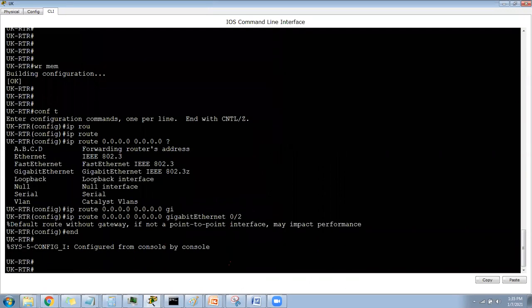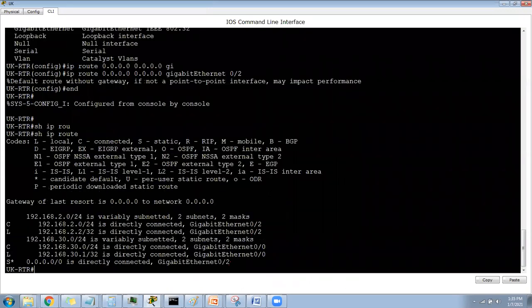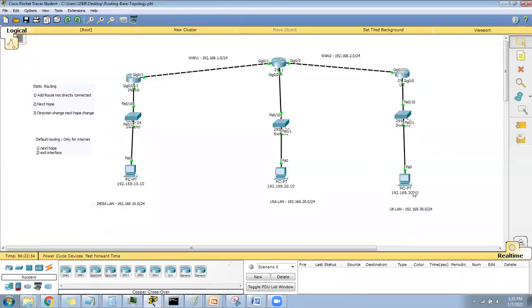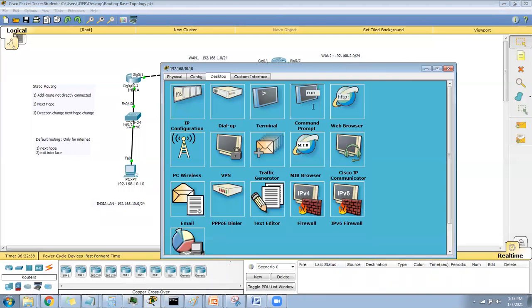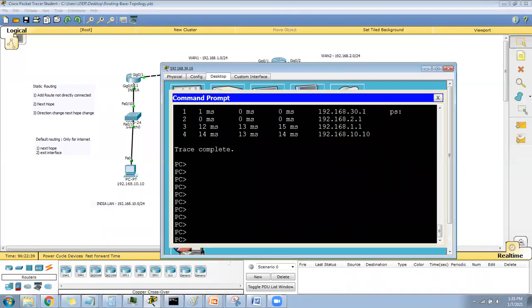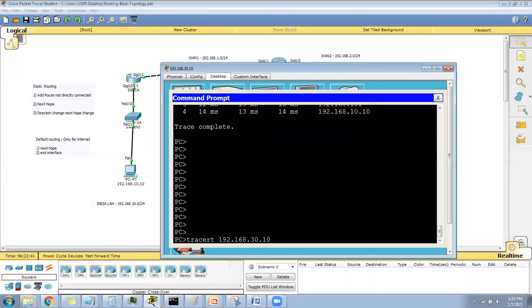Done. Now check show ip route. So now let's do the testing. First, let's ping from UK to USA, 192.168.20.10.